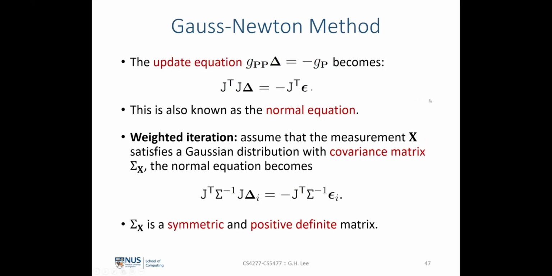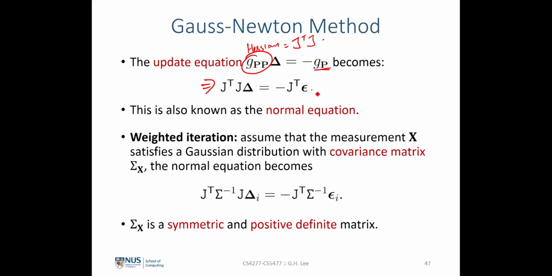After substituting the second order derivative of g, which is the Hessian matrix of g, as equal to J transpose J, we'll obtain this particular equation, J transpose J delta equals minus J transpose epsilon. J transpose epsilon is equal to the first order derivative g_p.